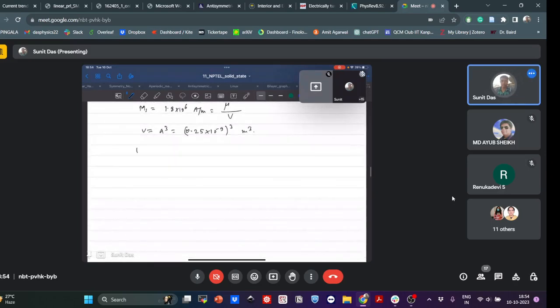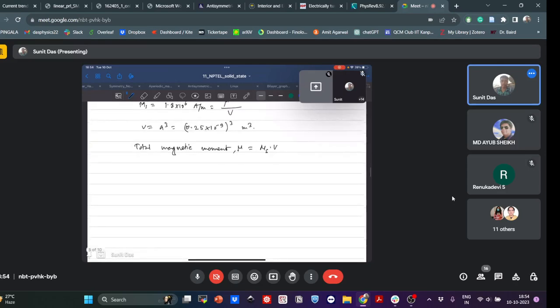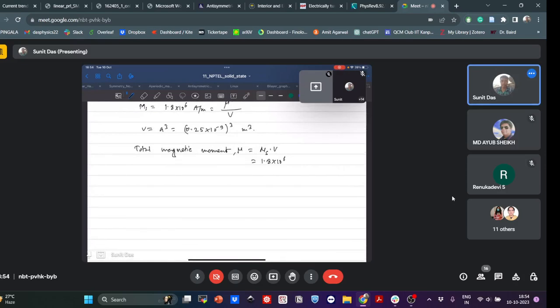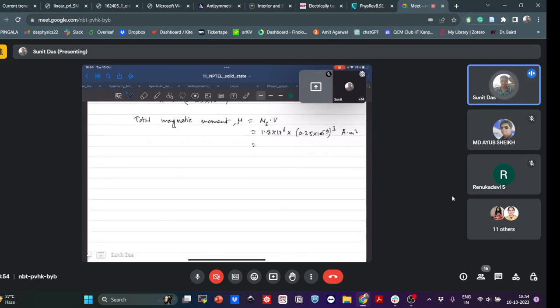So the total magnetic moment mu is given as Ms into V. So 1.8 into 10 to the power 6 into 0.25 into 10 to the power minus 9 cubed, in ampere meter square unit, and this comes out to be 28.125 into 10 to the power minus 24 ampere meter square.